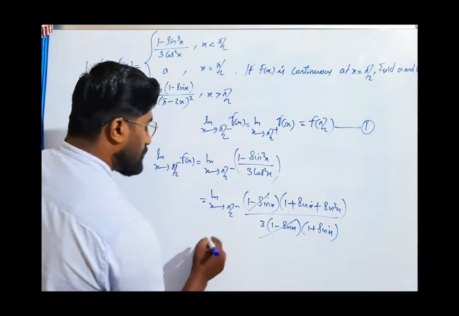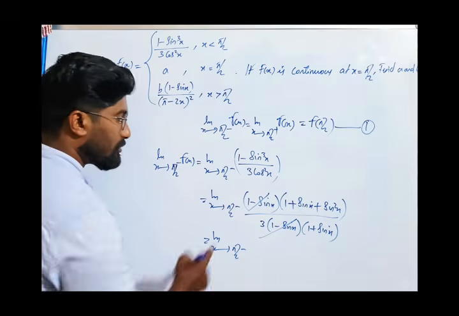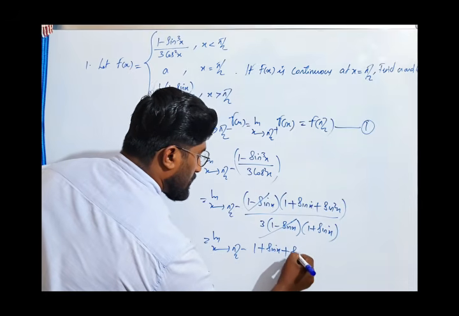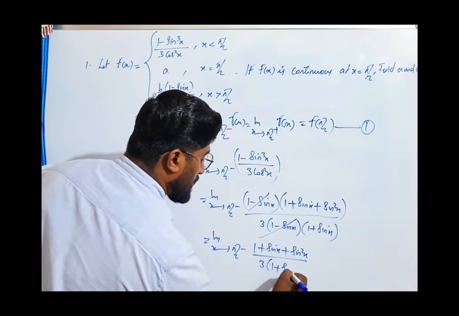So it is 3 into (1 minus sine x) into (1 plus sine x). You can cancel these two, which is equal to limit x tends to pi by 2 minus, numerator you have 1 plus sine x plus sine square x divided by 3 into (1 plus sine x).